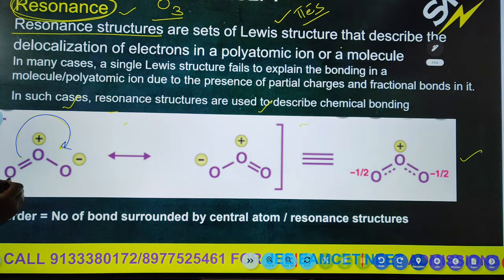Here, between two oxygens, two bonds are present. The first bond is a sigma bond, which contains sigma electrons. The second bond is a pi bond, which contains pi electrons. These pi electrons delocalize, meaning they transfer to this side.